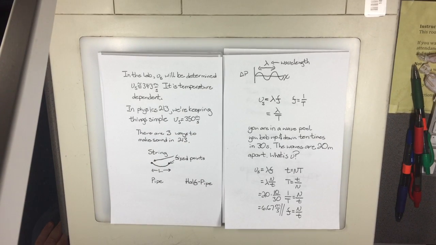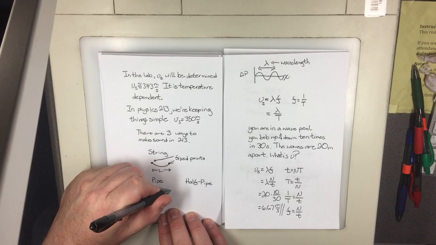Those fixed points, think of it like you got a clothesline, the mounts on either side of the clothesline attached to the wall, a tree, a house, whatever. Those are fixed, and then you pluck the string, and then it causes a vibration because the string is moving against the air.